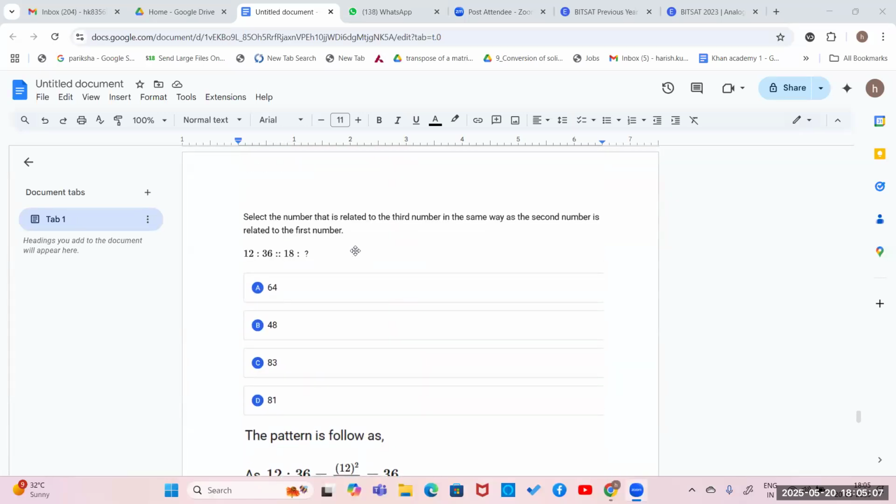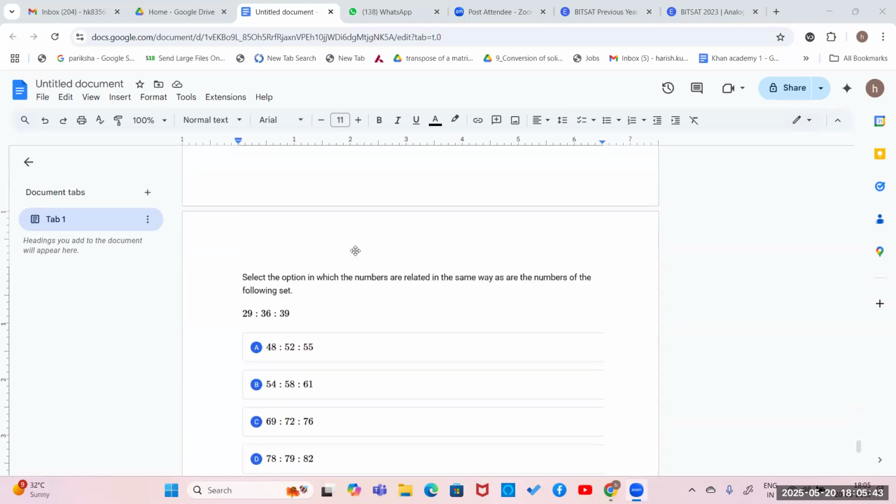I used 12 into 2 plus 12 is 36, so similarly I used 18 into 2 plus 12. So I was getting 48. See, there the problem is you used 12 into 2 plus 12, that is fine, but for 18 it should also follow the same thing. It should be 18 into 2 plus 18, right? If that was there, then that would have been a sound logic, because 18 into 2 is 36, plus 18 is 54. Okay, understood, sir.